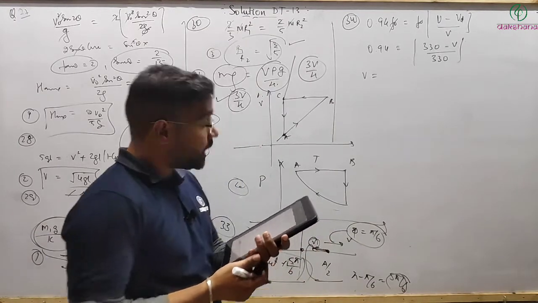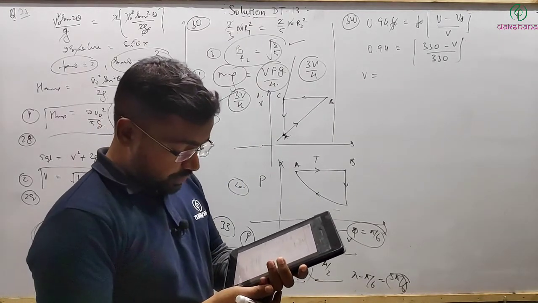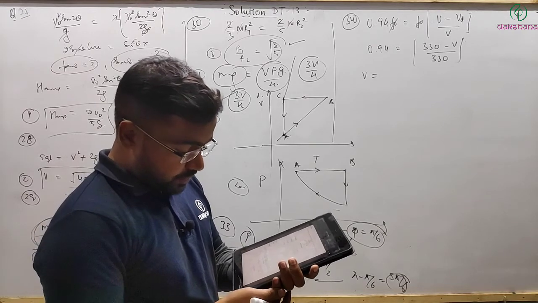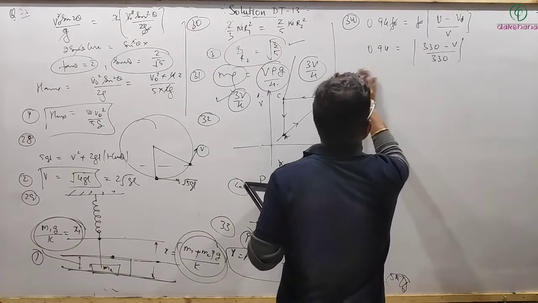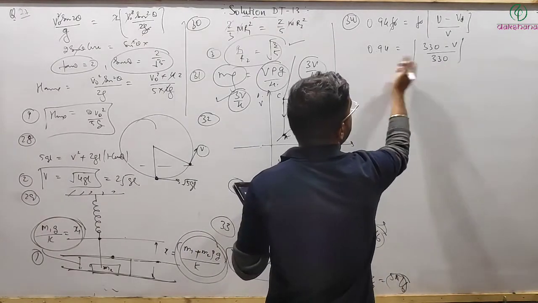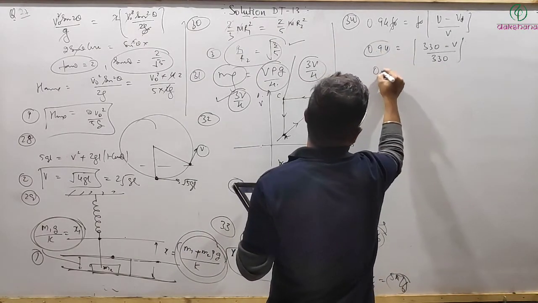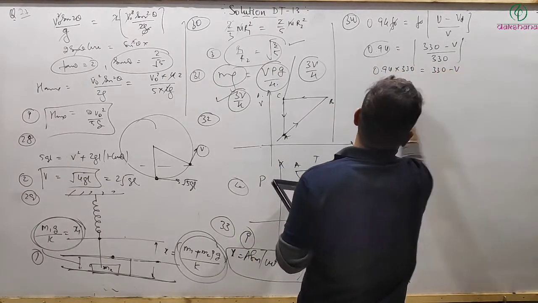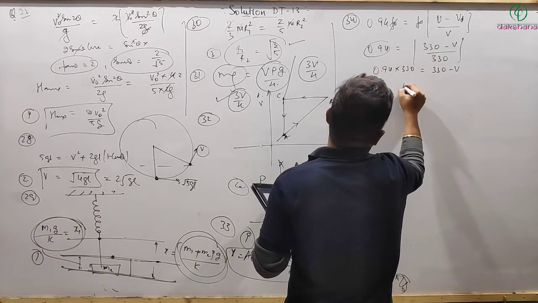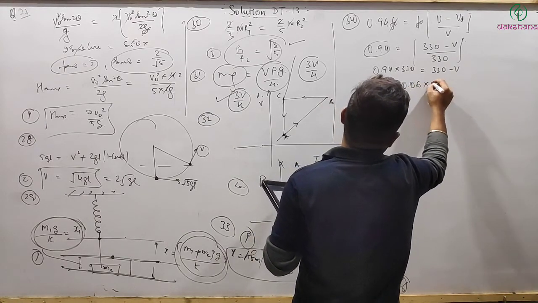यहाँ पे आपको पूछा गया है how far, तो पहली बात तो अपन इसको सॉल्व करके, all right, just wait a second. So let me first, this implies, यहाँ से अपन this is 0.94 multiplied by 330 is equal to 330 minus v, and this implies v is equal to 0.06 into 330.